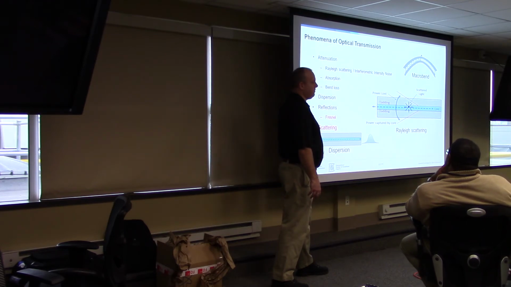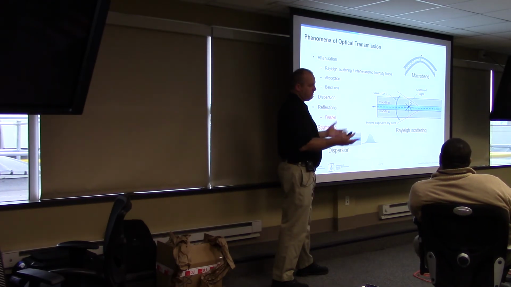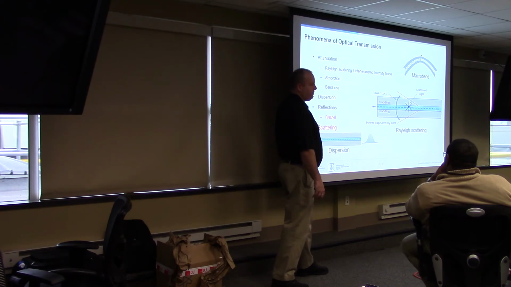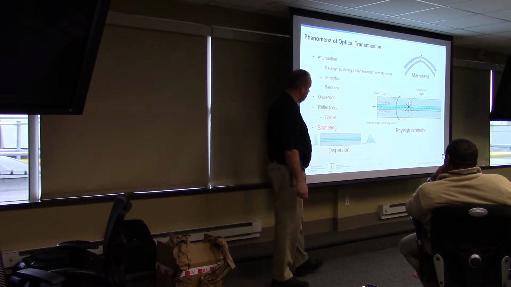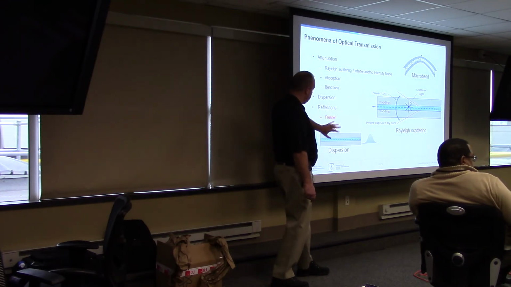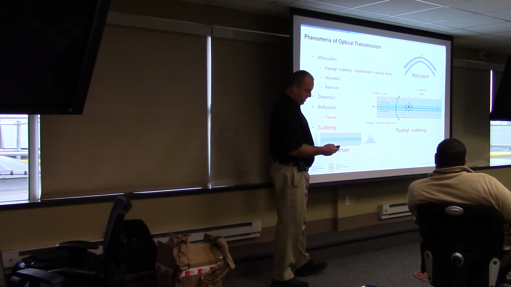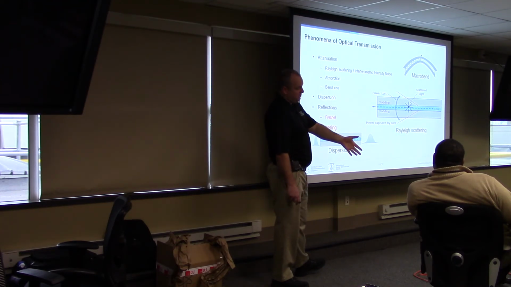Here, this is more of a reflection. The actual reflections are called after the cycle, if you wanted to know. And then scattering, we covered that one. So all these things will ruin our light. And there's the macro bend, obviously, we talked about that. Don't be confused with a micro bend. We'll talk about that.